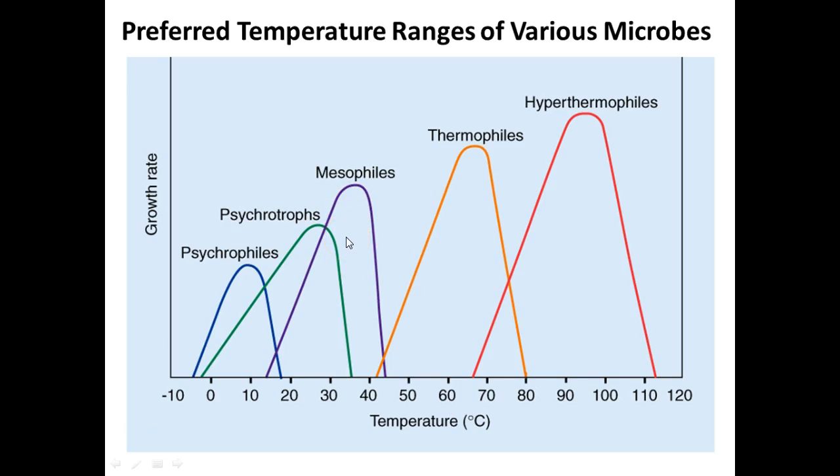Mesophiles grow best at our temperature. These are all the pathogens that make us sick. Thermophiles, you're going to find these in compost heaps, Yellowstone National Park in the hot springs, places like that. Not necessarily stuff that's going to make us sick. We're too cold for that. But they could produce stuff that could make us sick, although I have to say I don't know of any. Do you, Andrew? I don't know any thermophiles that make us sick.